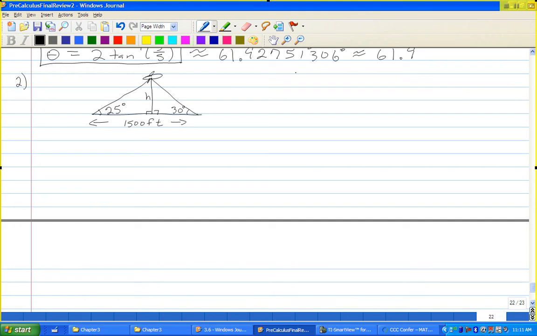So I want to figure out H. Okay, so let's figure out that. So let's call this X, and let's call this 1,500 minus X. So this is feet, and these are feet.